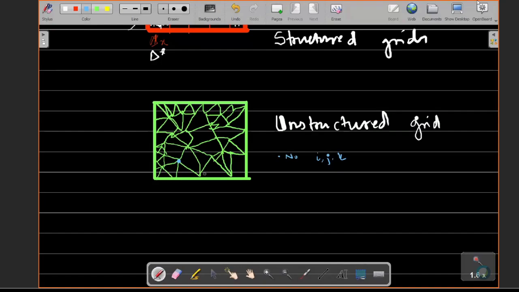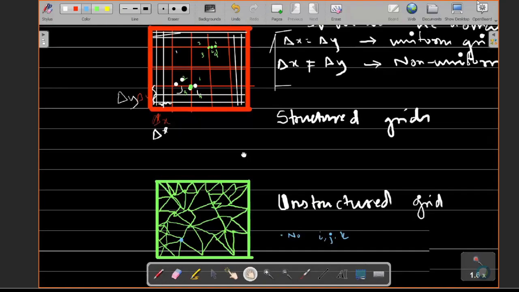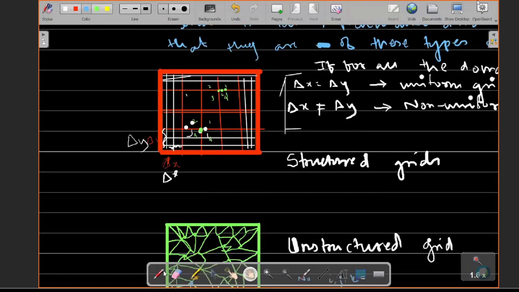Every point is called a grid point. Here also, just a nomenclature to be mentioned: every individual element is called a cell. This particular element is called a cell, and this green point is called a node.